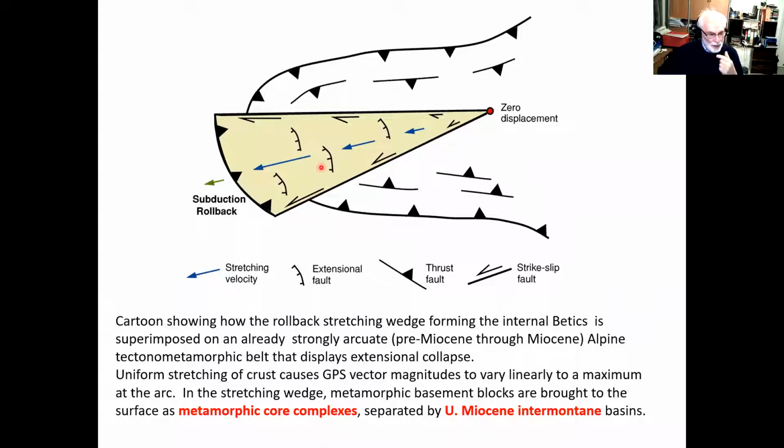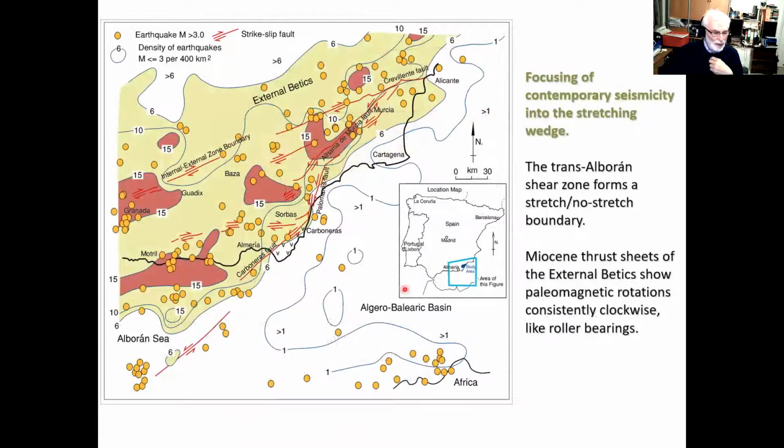Within that wedge, metamorphic basement blocks tend to be brought to the surface where they become called metamorphic core complexes, and in between those you get upper Miocene intramontane basins.